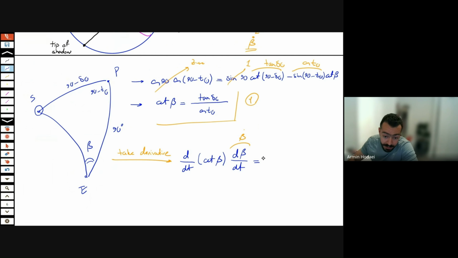And on the right-hand side, I'm going to have tan declination times negative cosine squared t, not sine t, right? dt over dt, right?